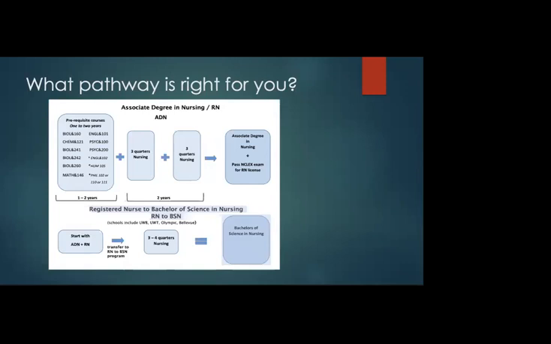Things to consider though, with this pathway, is that job opportunities are greater if you have your BSN, but your employers do encourage you to go back to school to get your BSN. So you do have that option to work and take classes to get your BSN by enrolling in an RN to BSN program. In terms of timeline, depending on if you're taking classes part-time or full-time, it will take roughly 1 to 2 years to complete your nursing prereqs.